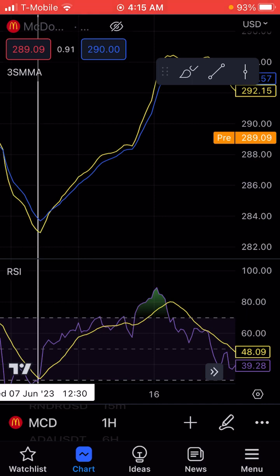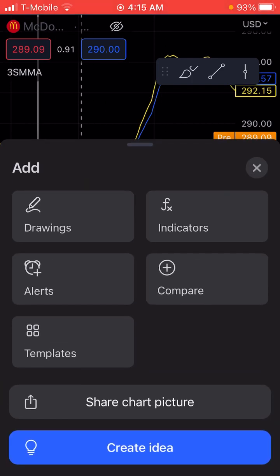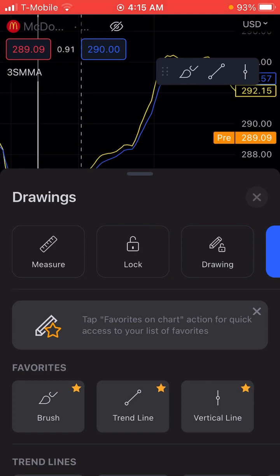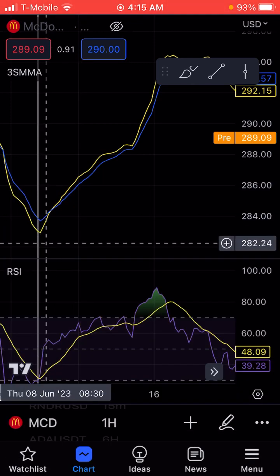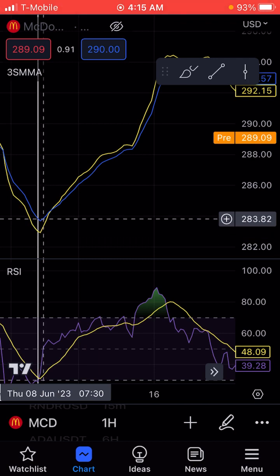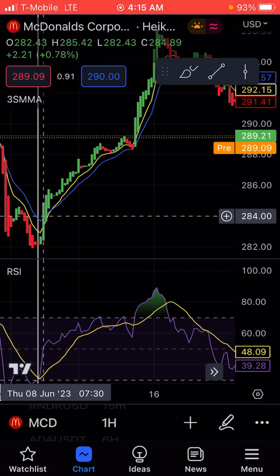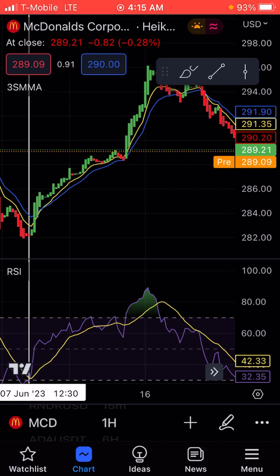So basically what you want to do is you just write it out. You use the vertical line to put your entry point. So at this point, I would have come in at McDonald's right here, and I would exit by looking at the moving averages, and I would base it off of looking at the line.